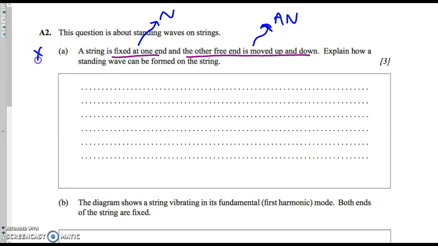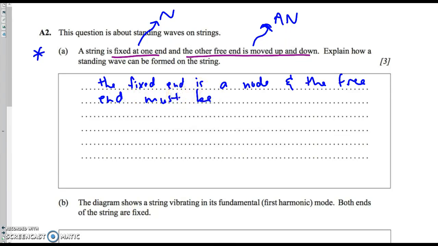Use the information to answer the question. So the first thing I'll say is the fixed end is a node, or must be a node, and the free end must be an antinode.